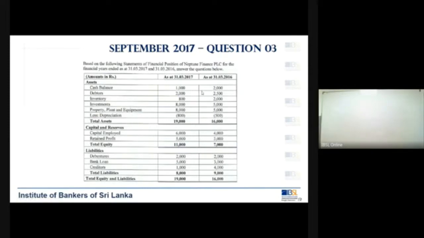Right? In the next item, debtors from 2500, it has come down to 2000. What has happened now? Inflow or outflow? What is it?